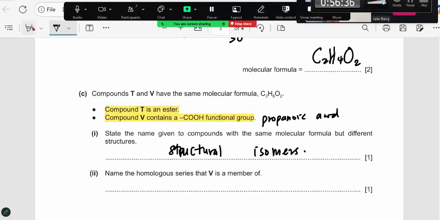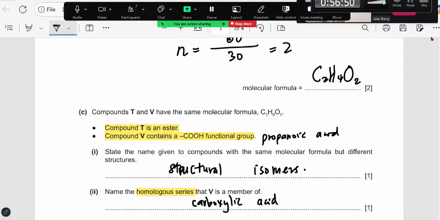The question is asking for the homologous series of V, not the name. So you have to say carboxylic acid. Get it? Do you understand? Boys, did you get it correct? Jake, got it correct? Yeah.